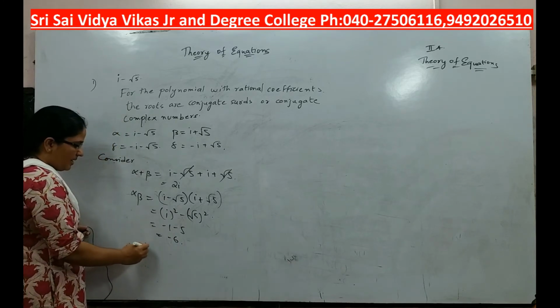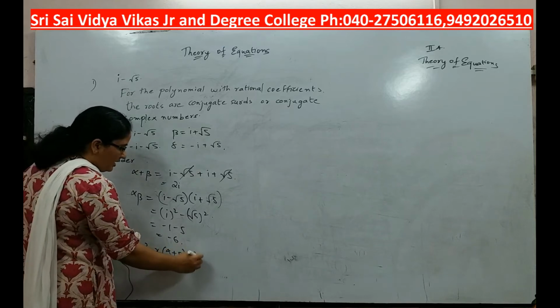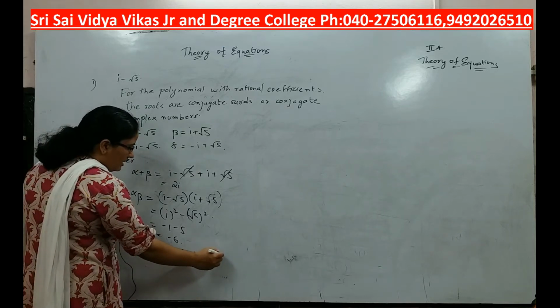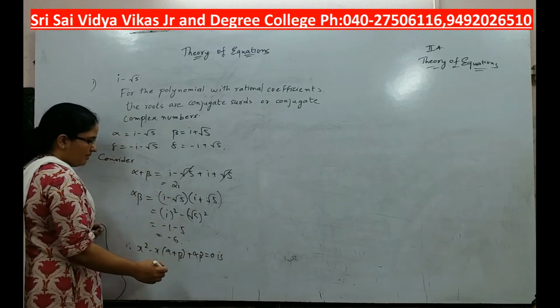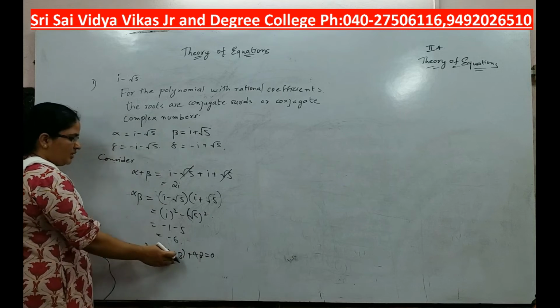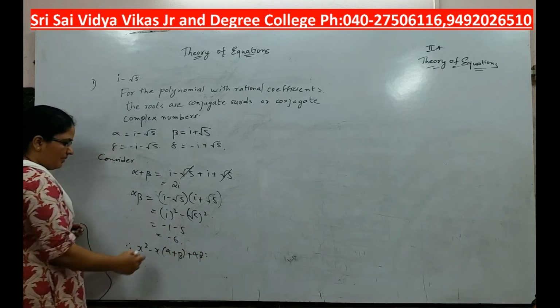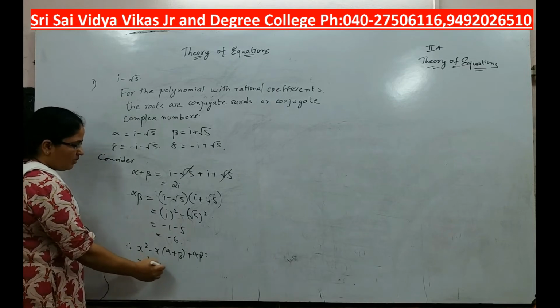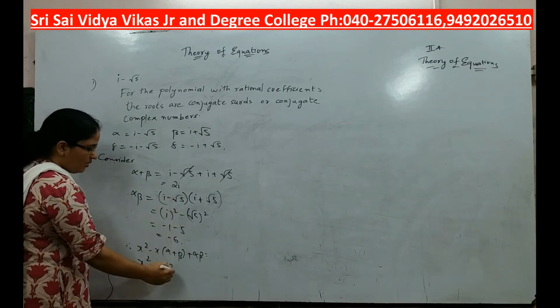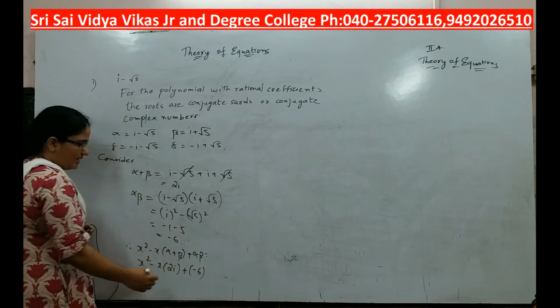Therefore x square minus x into alpha plus beta plus alpha beta is equal to 0 is x square minus 2i x minus 6. Call this as 1.